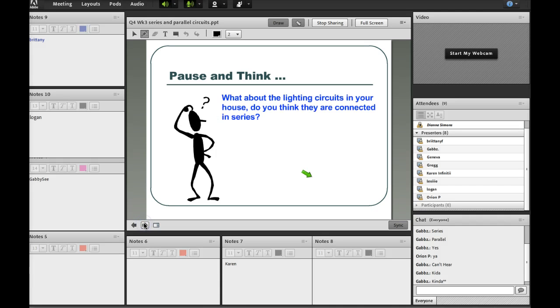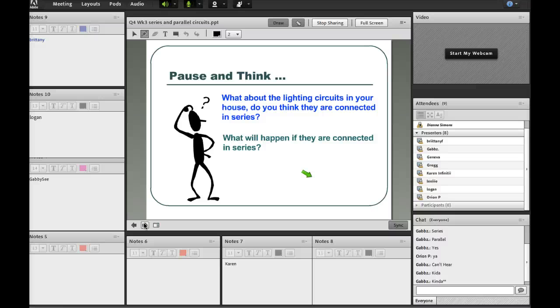All right, so what about the lighting in your house? Do you think it's connected in a series? So if one light bulb goes out in your house, does all of them go out? No. So that means that it's not a series, your house is wired in parallel.